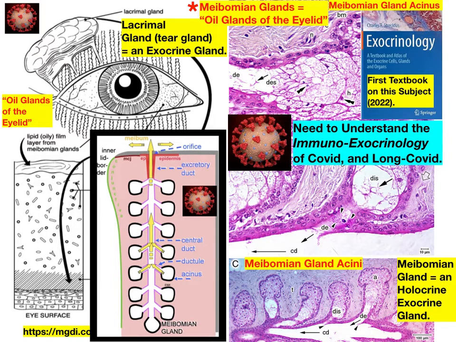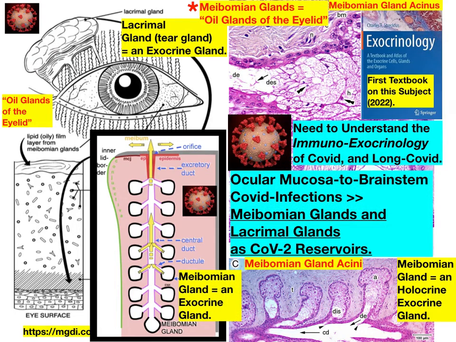It too, again, is an exocrine gland. So besides providing the fluid which COVID virions utilize to move through hydraulic forces, meibomian glands and lacrimal glands can serve as COVID-2 reservoirs in long COVID patients. And these potentially could be giving rise to ocular mucosa to brainstem COVID infections for days, months, or even years.